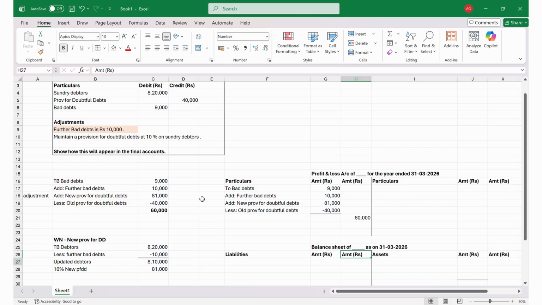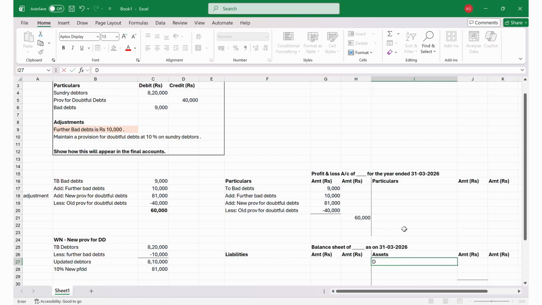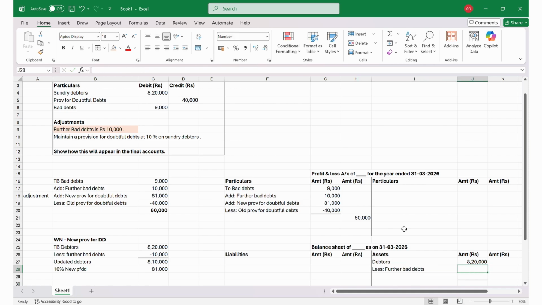Okay, next, what else we have? We have balance sheet. How do we do balance sheet? Go to the asset side. First we have to write the debtors value, 8,20,000, and then we have to subtract the bad debts first. That too, we have to subtract the further bad debts.